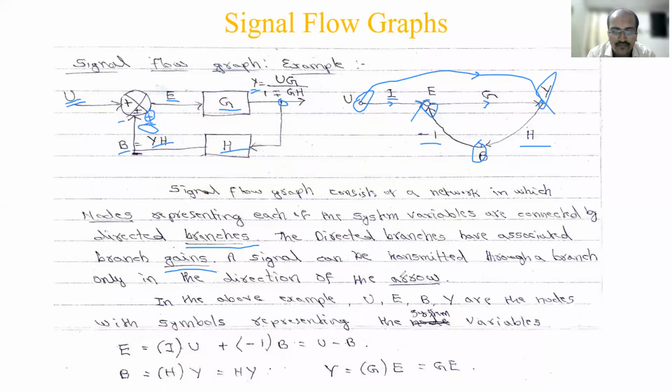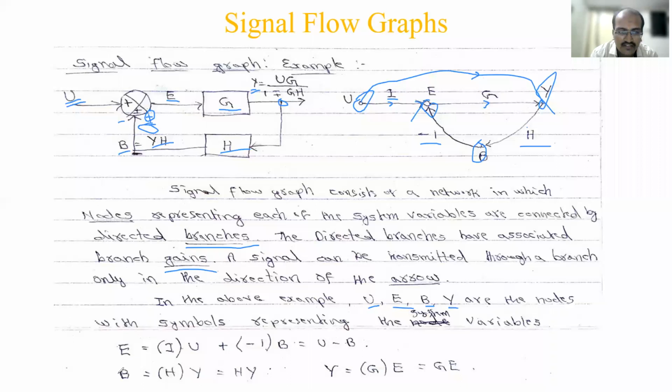In the above given example, as I told you, U, E, B and Y are the nodes representing the system variables.